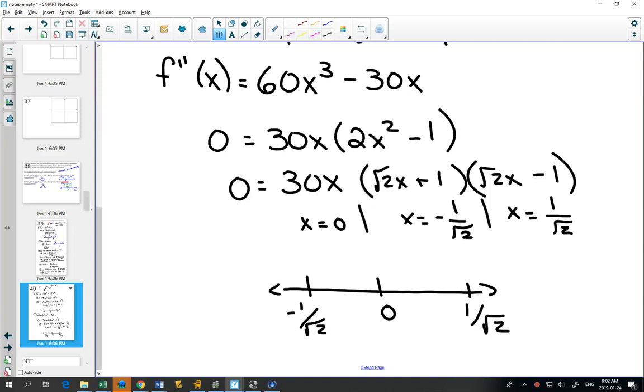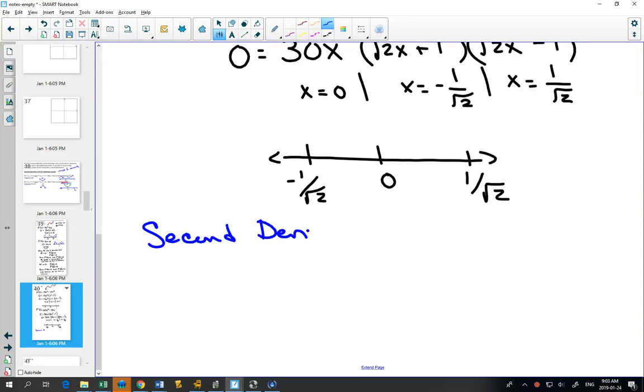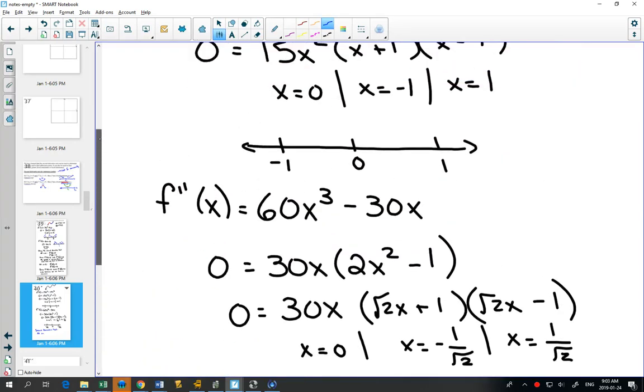Now for testing your concavity, I'll put where things are concave up and concave down. No, I'll leave that, so we don't want to ruin anything. We'll go right to our second derivative test, then we'll go back and fill in the things we would have normally done. So normally next you would check each of those to find out where it's concave up and concave down. But for the second derivative test, we need to check at, our first one was x equals -1.